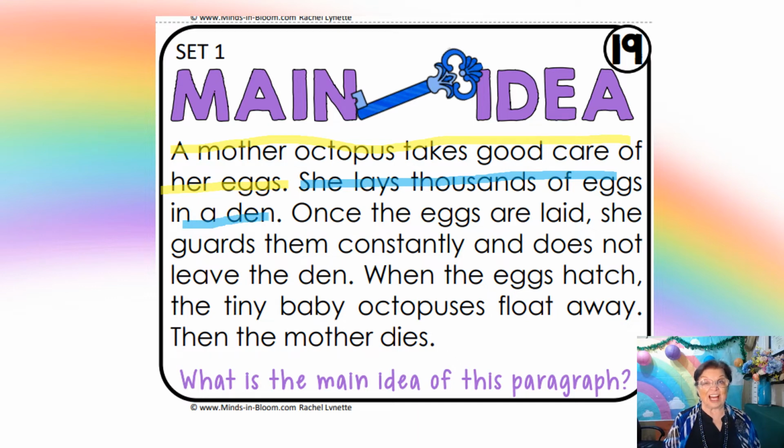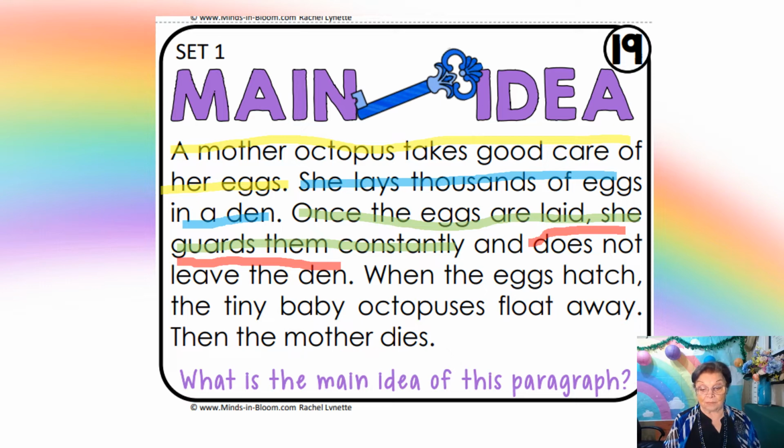So she has thousands of children. Wow. Once the eggs are laid, she guards them constantly. I'm going to highlight this in a different color because it's really a different supporting detail. She does not leave the den. She stays right there and takes care of her babies.